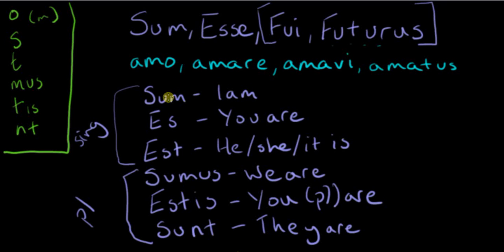So we've got this pattern there of sum, es, est, sumus, estis, sunt. And you can again see this pattern recurring in the endings here. So we've got the m, the s, t, mus, tis, unt. But the stem of the word is just a bit odd.